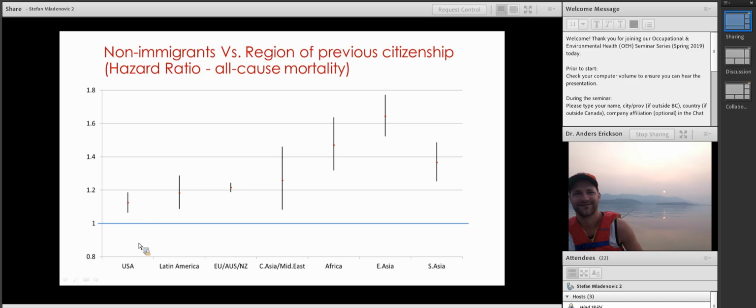So when you compare across regions, no matter where the immigration group is coming from, all immigrants tend to have a better hazard ratio than non-immigrants, and that is more pronounced in some of these regions, specifically East Asia, which is mainly China but also Japan and Korea, then Africa, and then South Asia.